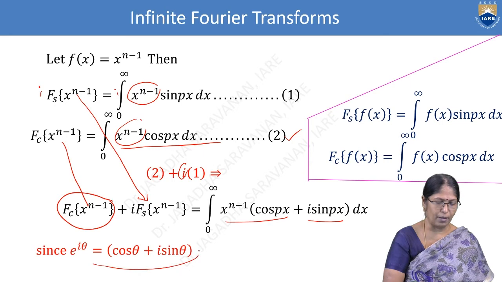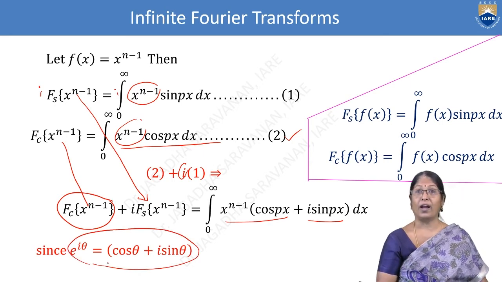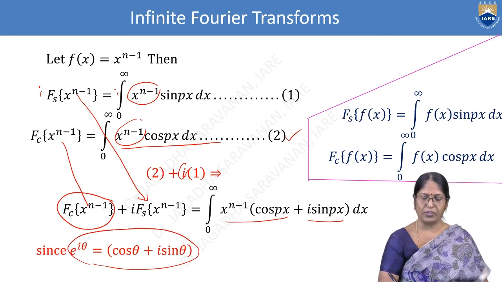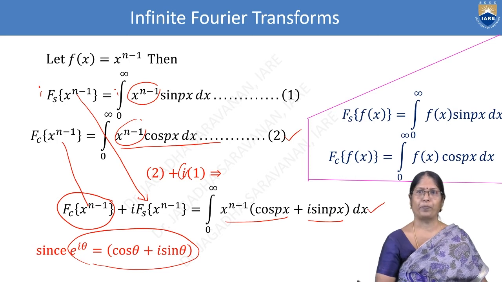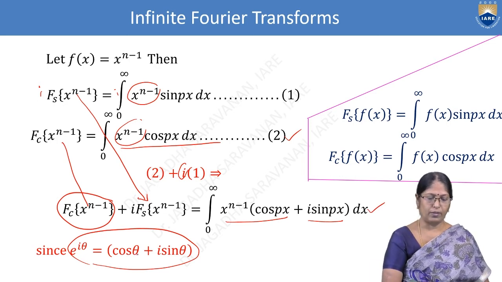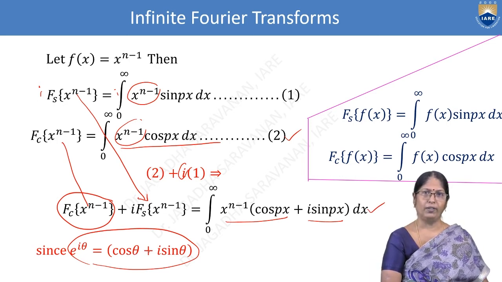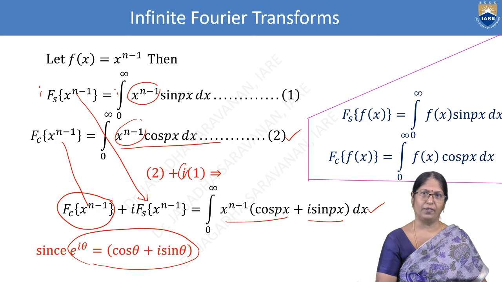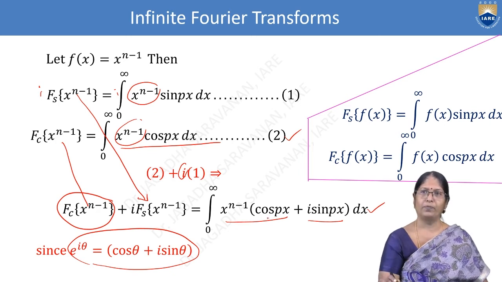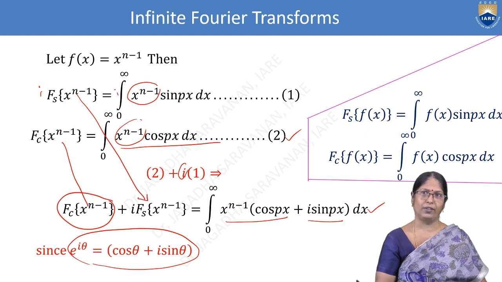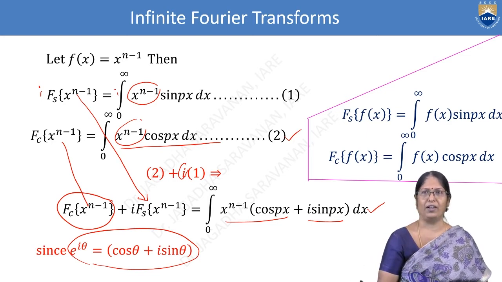So this is the background, the idea to execute this one. According to the formula, e power i theta is cos theta plus i sin theta. Our problem, cos px plus i sin px. So the px is our theta.